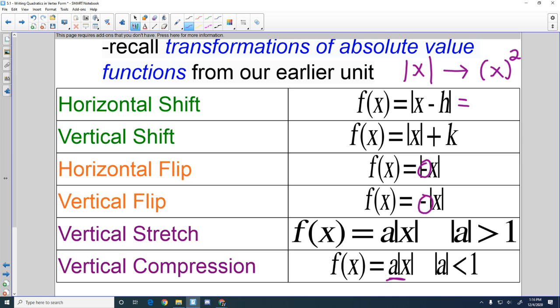So for example, this would be parentheses x minus h parentheses squared, right? Just instead of those vertical absolute value bars, we're using parentheses with a square, an exponent outside of them. Everything else is the same as our first unit this year. You've all already learned this. It's back in your brain somewhere.